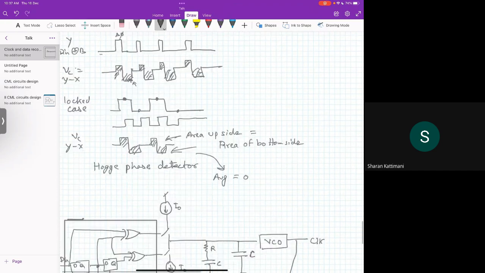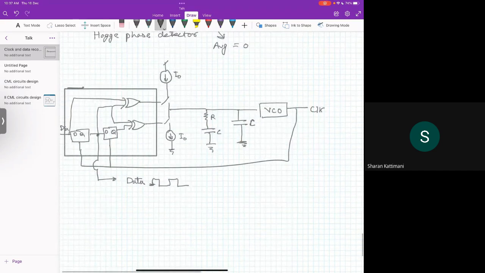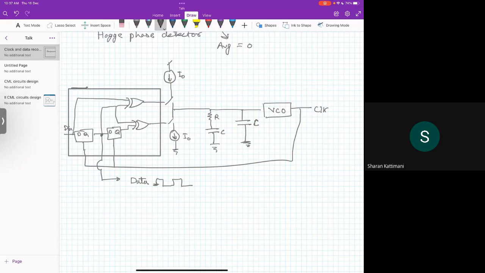But how to do averaging in circuitry? In circuitry, that can be done using an integrator kind of circuitry, correct? So what we can do is we can pump a charge, or just take the charge back from a capacitor, by connecting a current charge pump, you can say that.